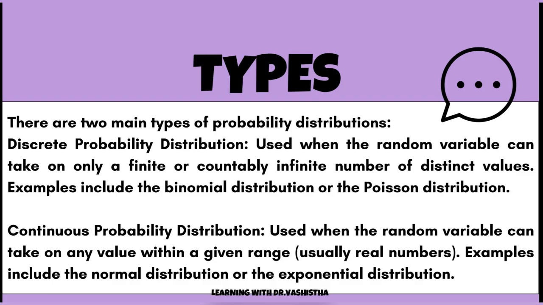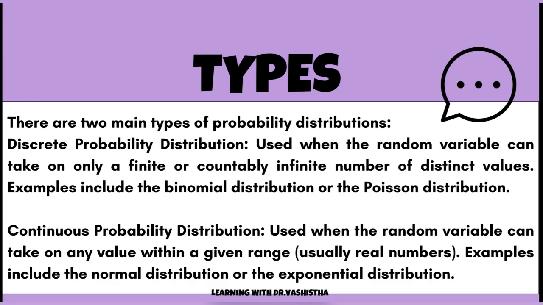Discrete probability distribution is where the random variable can take on only a finite or countable infinite number of distinct values. Example under this comes as a binomial distribution or the Poisson distribution, where the value of x can be fixed, maybe 1, 2 and other numbers further on.